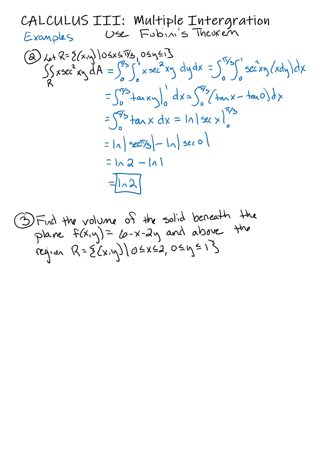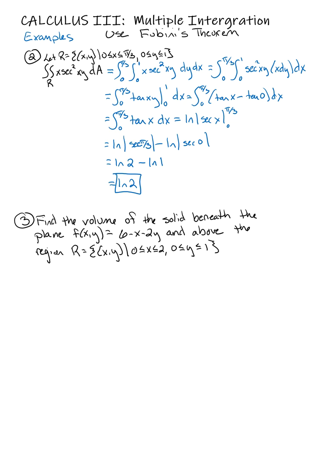We want to find the volume of the solid beneath the plane f of x, y equal to 6 minus x minus 2y, and above the region R, which is the set of all points x, y such that x is between 0 and 2 inclusive and y is between 0 and 1 inclusive.